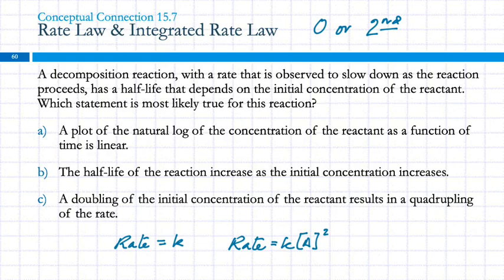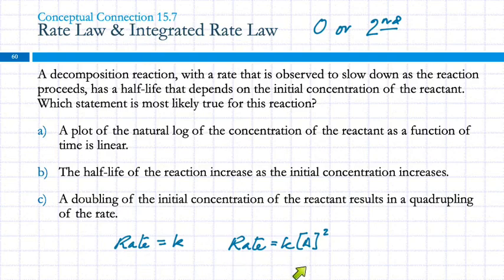As the reaction goes on, the concentration of the reactant gets smaller, because the reactant is reacting and going away. Does the rate here depend on the concentration? No. A zero order rate law says that the rate is constant. It doesn't matter what concentration it is. So this one will not slow down over time, but this one would, because as time goes on, A gets smaller and smaller, so the rate gets smaller.